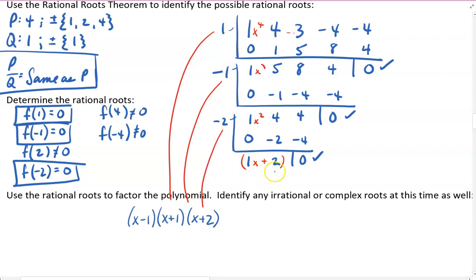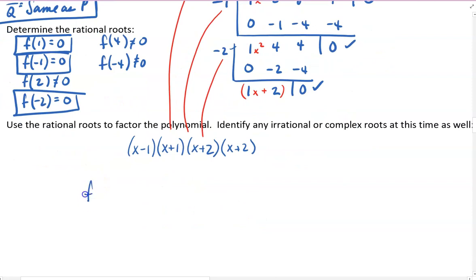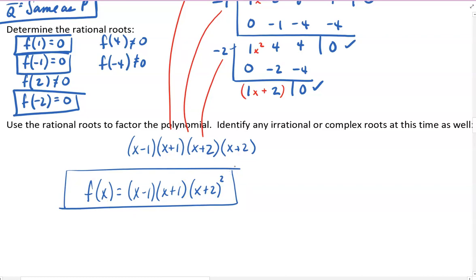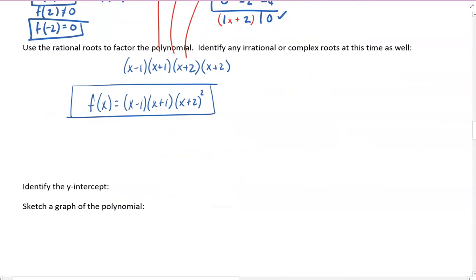And then we found another x plus 2 right here, and as I had suspected, there is multiplicity after all. f of x is equal to x minus 1 times x plus 1 times x plus 2 quantity squared. We have the multiplicity at that 0.